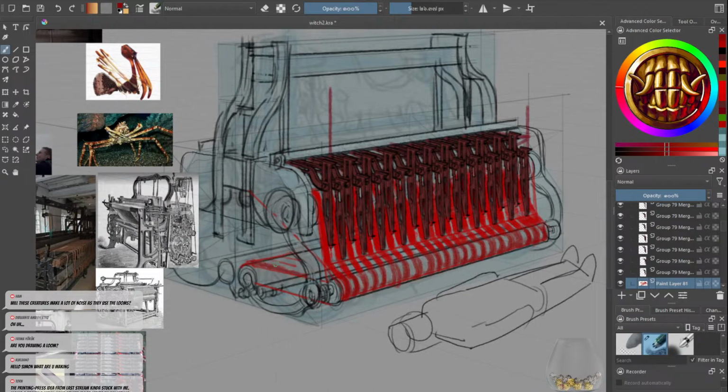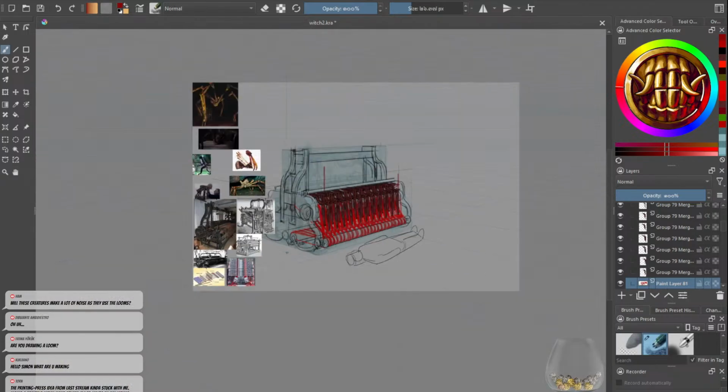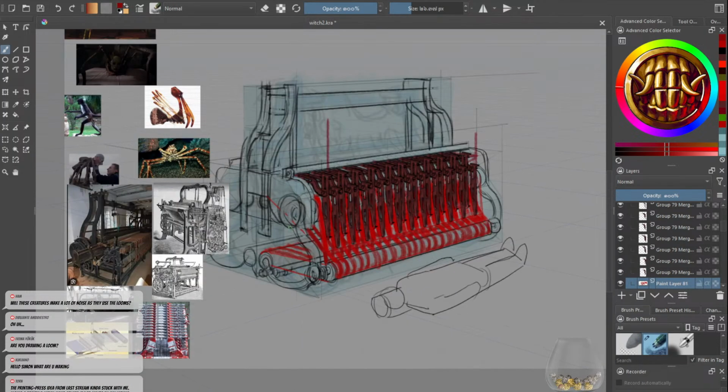Then we see them moving along here. Yeah, I think that looks really nice.